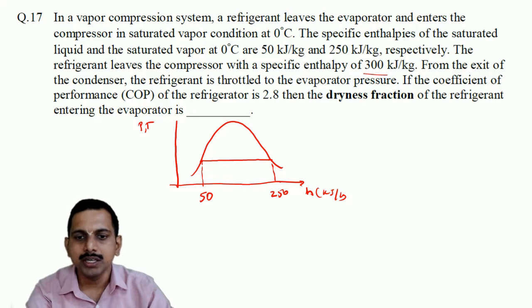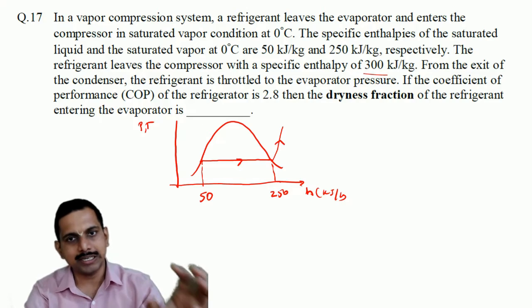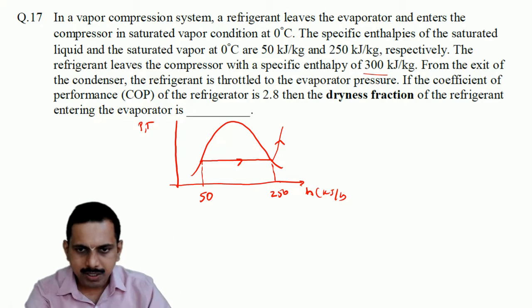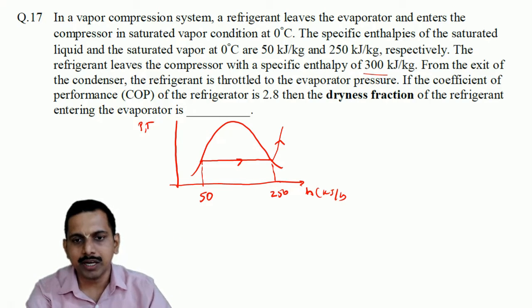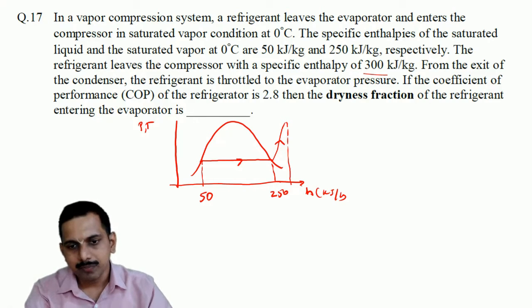So after here it is the compressor, right? It is going in the anti-clockwise direction, that is the power absorbing side. Okay, so don't worry about how correct this is, we are not worried. So here it is 300 kilojoules per kg.